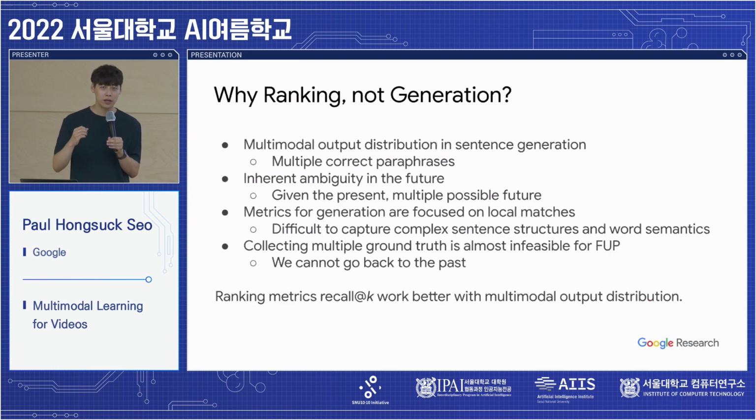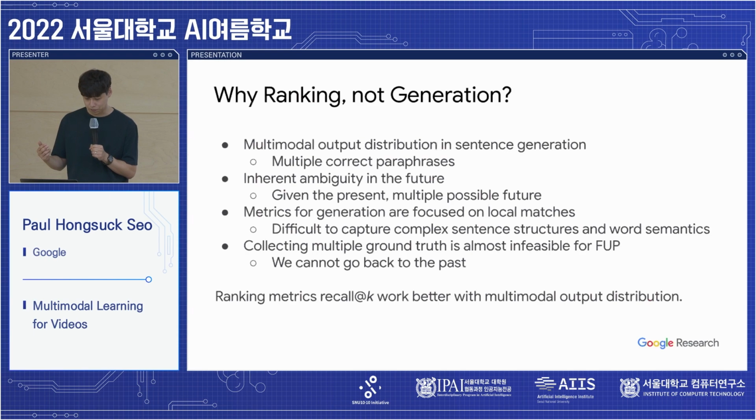It's almost impossible to collect multiple ground truth futures from a single video. So we wanted to check the model's capability of finding the next utterance, but generation metrics were not very reliable. Generation metrics are mainly based on local matches, so it's difficult to capture complex sentence structures or word semantics. Without collecting multiple ground truths, it's very hard to reliably evaluate the generated sentences.